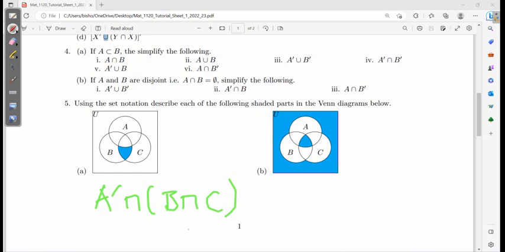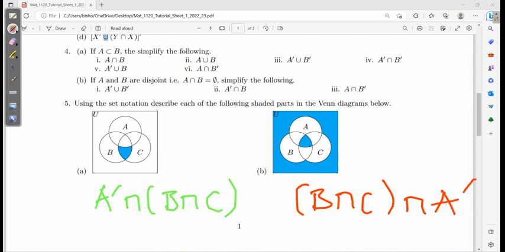Okay, that is fine. There's not only one way; there's another way you can give us an answer. Anyone with an idea? I can just reverse what she has said. I can begin by writing B intersection C, and then intersection A complement.